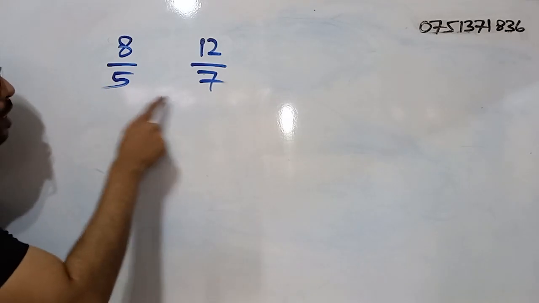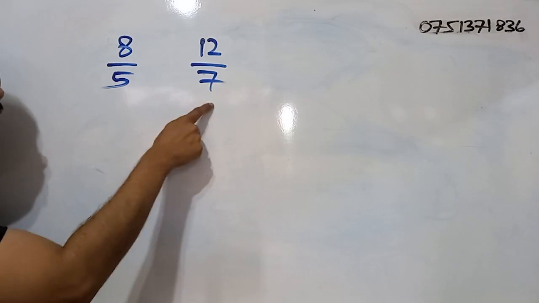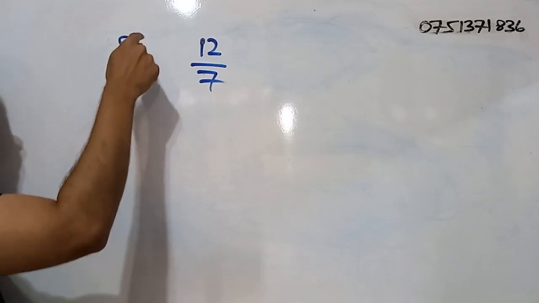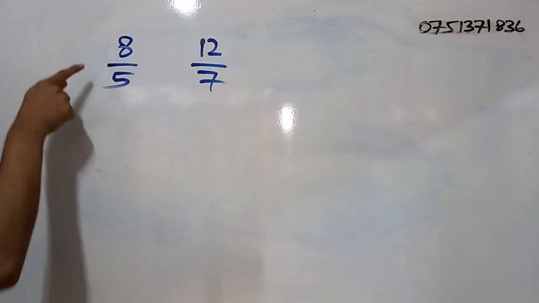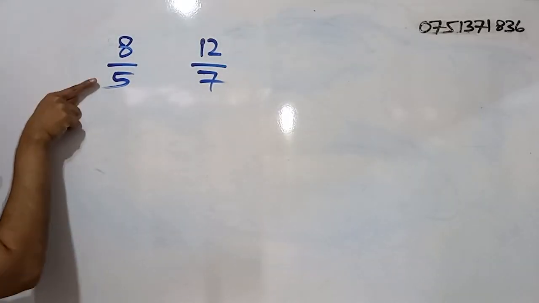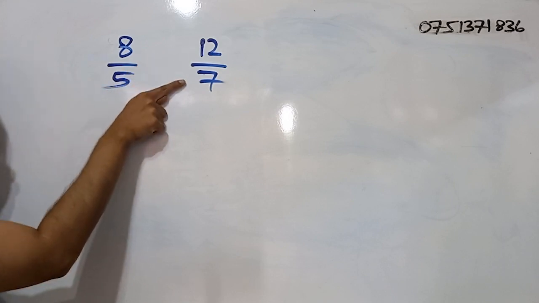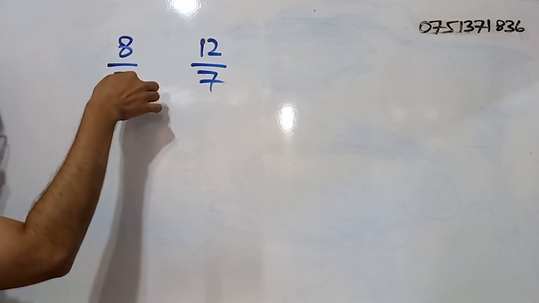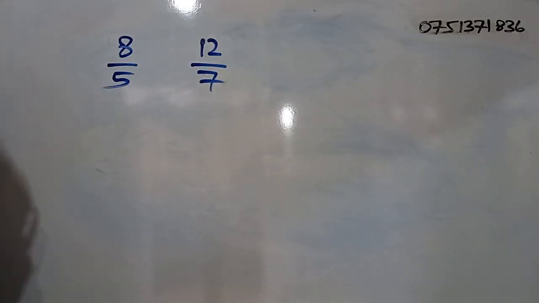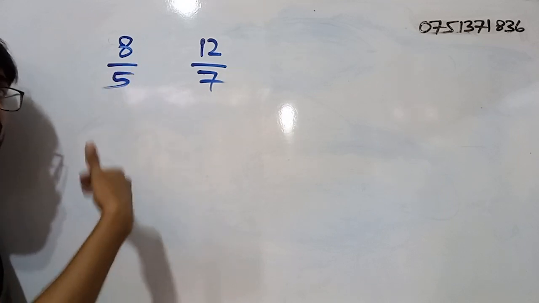Right. So when we observe these 2 fractions, what can we notice? In both of these fractions, the numerator is larger than the denominator. Here, the numerator is 8, the denominator is 5. Here, the numerator is 12, the denominator is 7. So these fractions belong to another type.